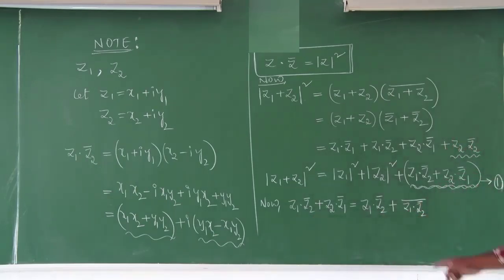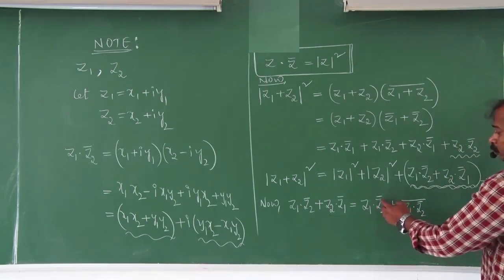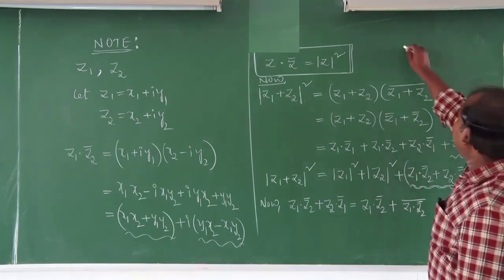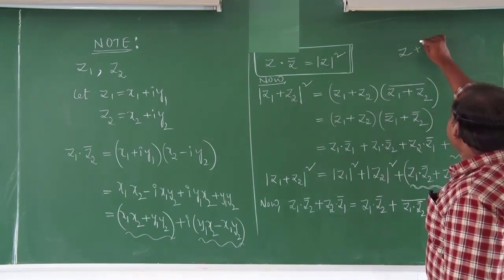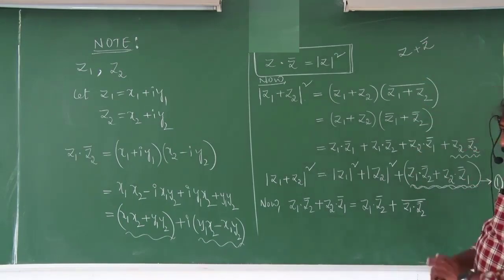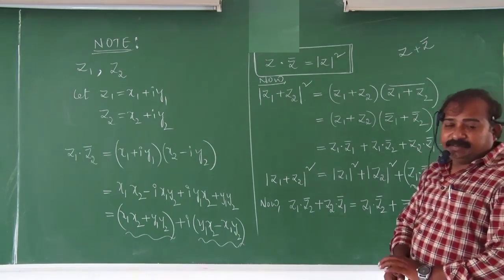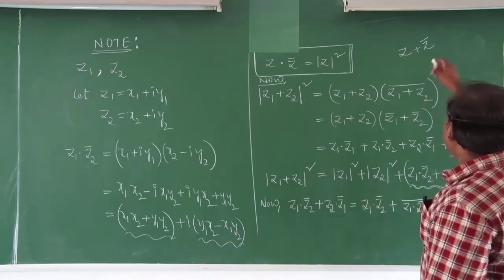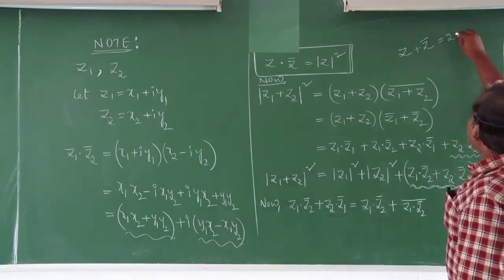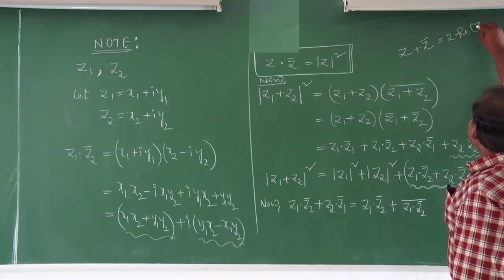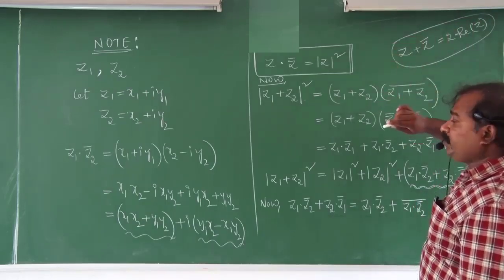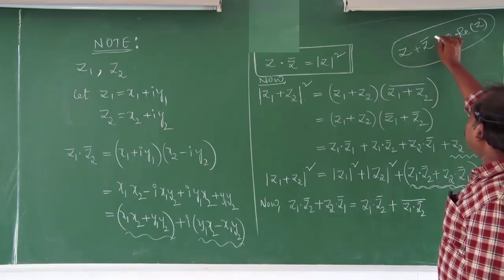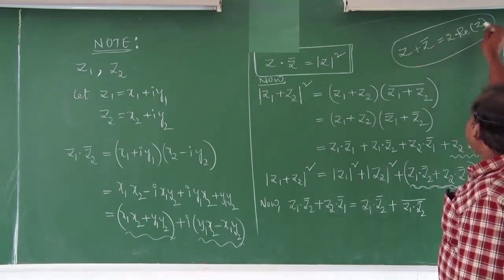Now if you observe, take one conjugate term as a complex number. If z is any complex number, z plus z conjugate is what value? 2 times the real part of z. This is already given: z plus z conjugate equals 2 times the real part of z.